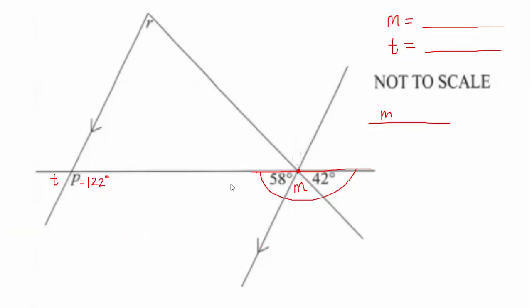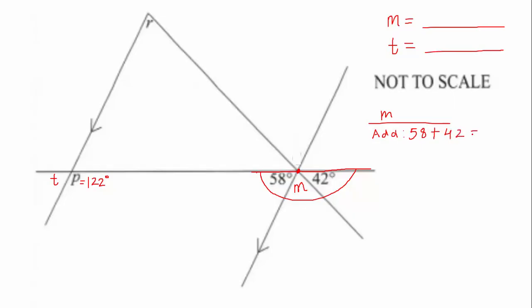So, Renee, where's Renee? What's the first thing we're gonna do with this? 58 plus 42. Very good. So we add 58 degrees plus 42 degrees.